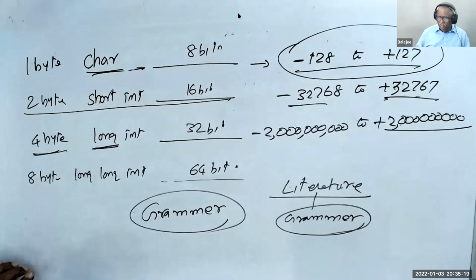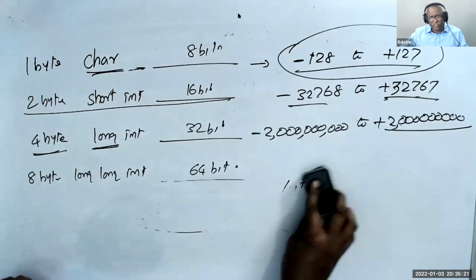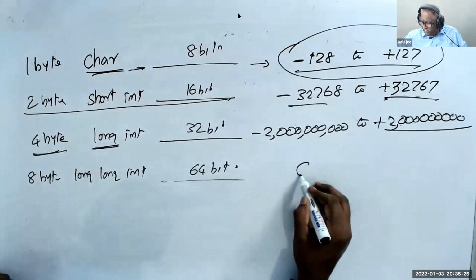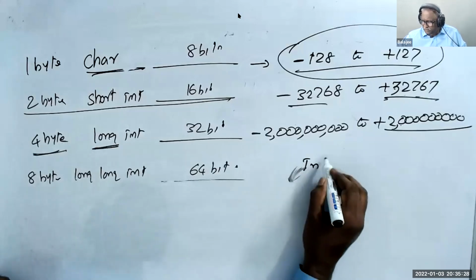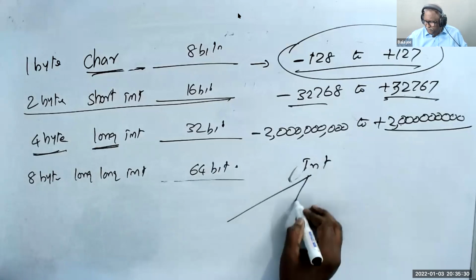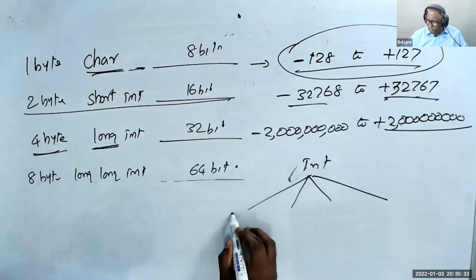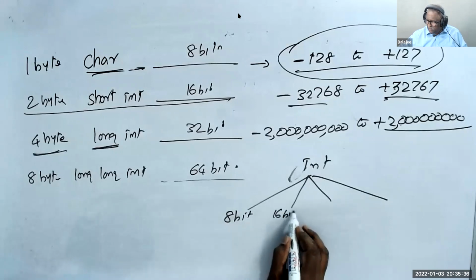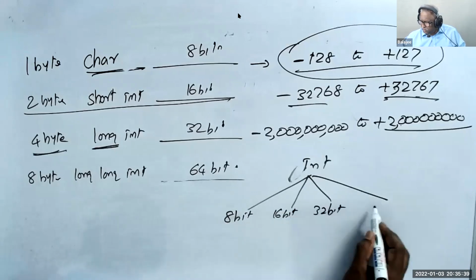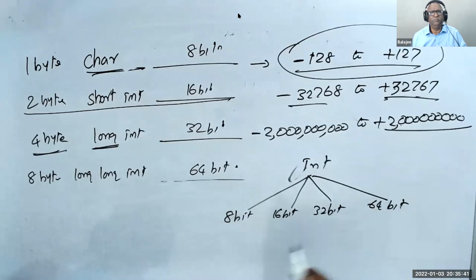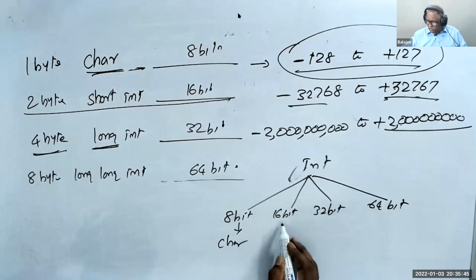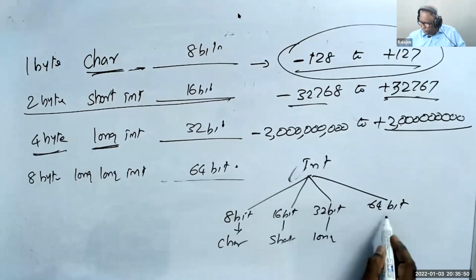As per Dennis Ritchie, not me, integer has 4 types: 8-bit, 16-bit, 32-bit, 64-bit. 8-bit is called char, 16-bit is called short, 32-bit is called long, and 64-bit is long long.